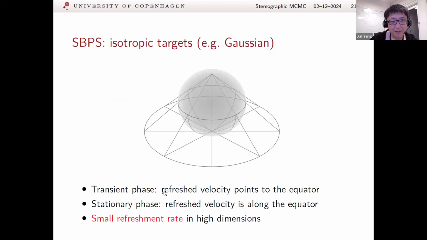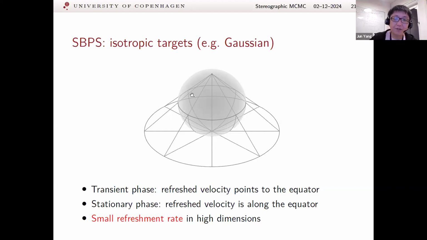So in the transient phase, if a refreshment event occurs, let's say the particle is near the equator, for example, and then you refresh the velocity direction. The new direction in the tangent space at the North Pole uniquely determines a great circle, but any great circle will point to the equator. So if the particle walks along that great circle, in any direction, it will finally arrive at the equator.